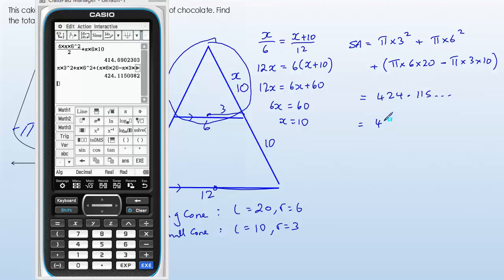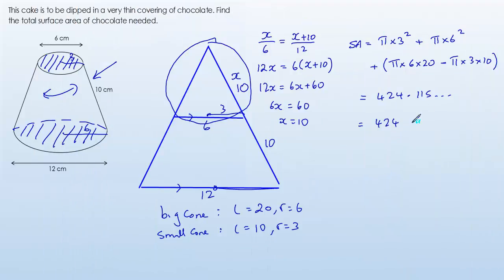So let's say that's 424, and the units of length were centimeters, so the area would be 424 centimeters squared to the nearest centimeters squared.